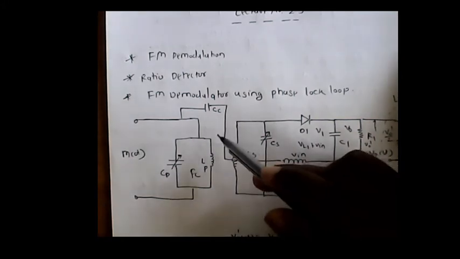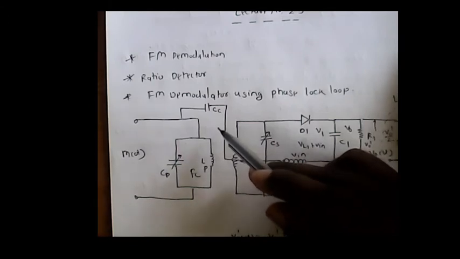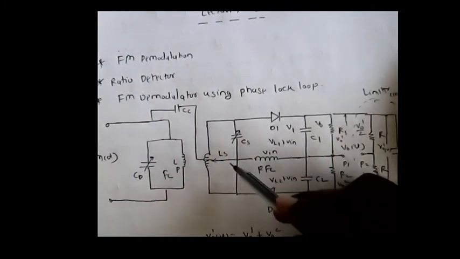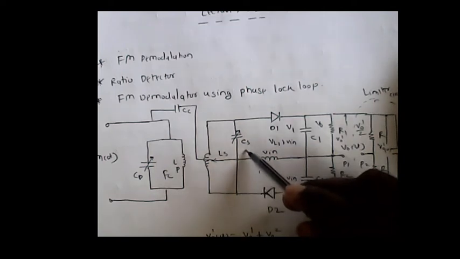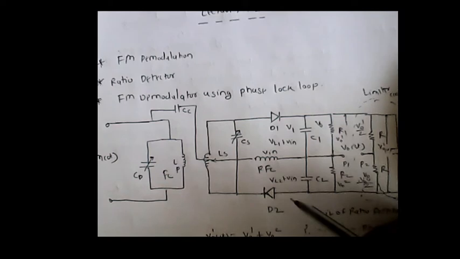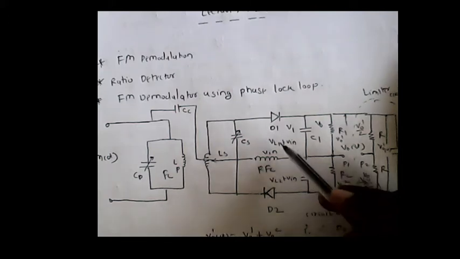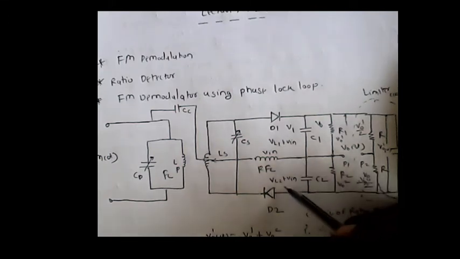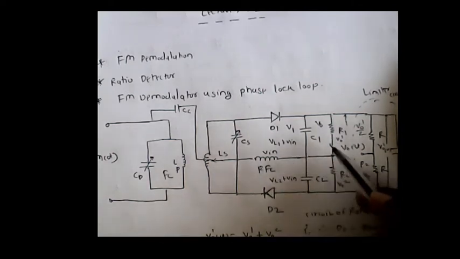The coupling capacitor has the property to block the DC, and there is a secondary winding having L and C, and capacitor CS, and there are two diodes D1 and D2. D1 diode is in forward bias, D2 in reverse bias. So the voltage related to the D1 diode, VL plus Vin, VL2 plus Vin, is applied in this RLC circuit, and capacitors C1 and C2.